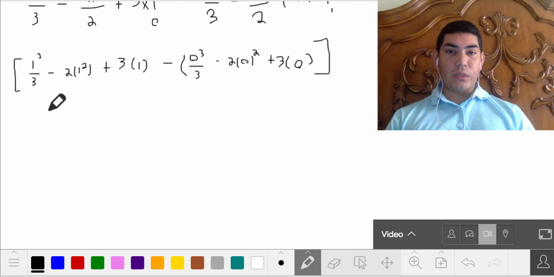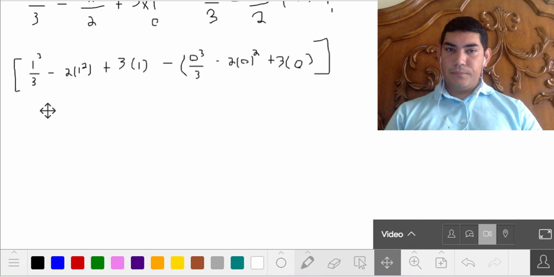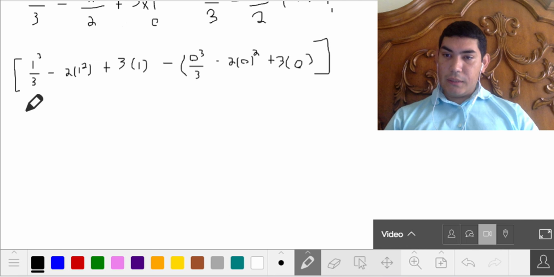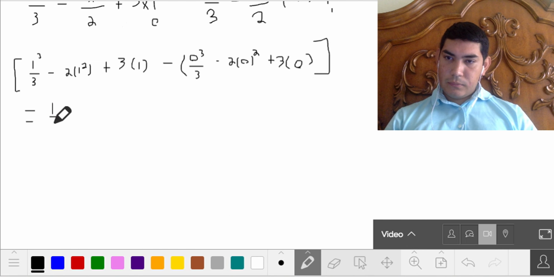And 3 times 1 is equal to 3. So let me write that down. That's going to be equal to 1/3 minus 2 plus 3, sorry.